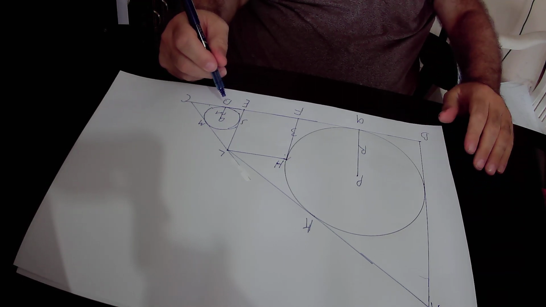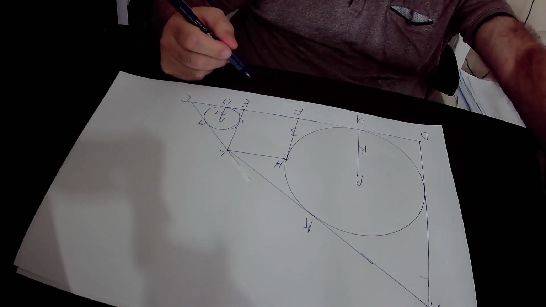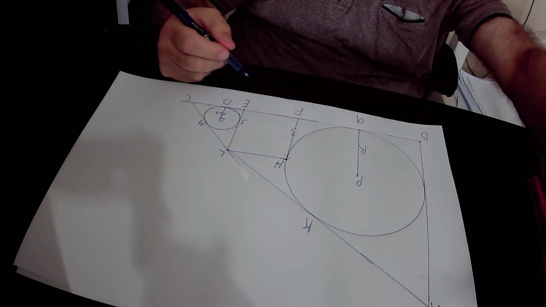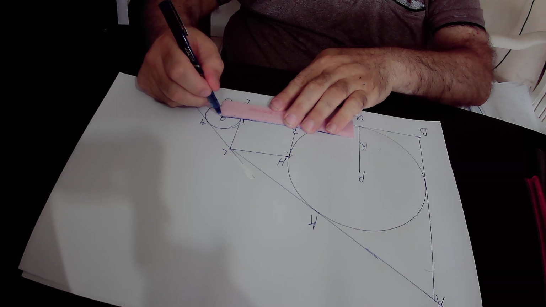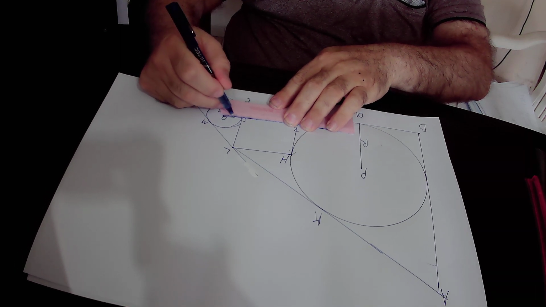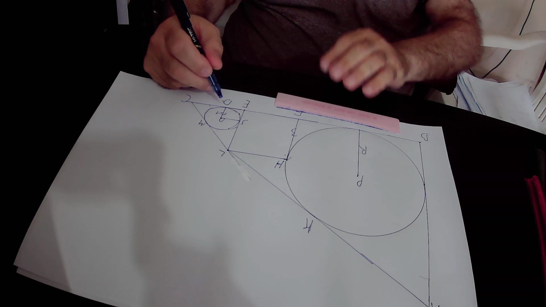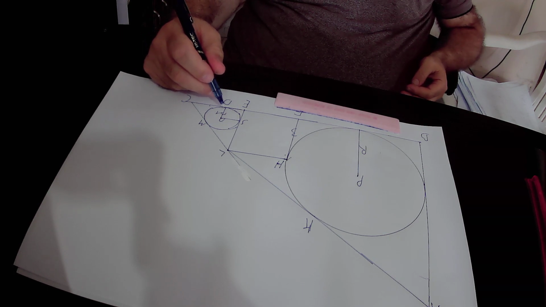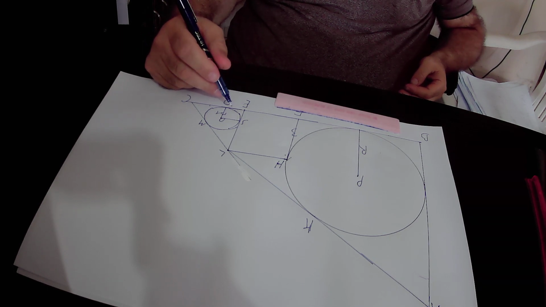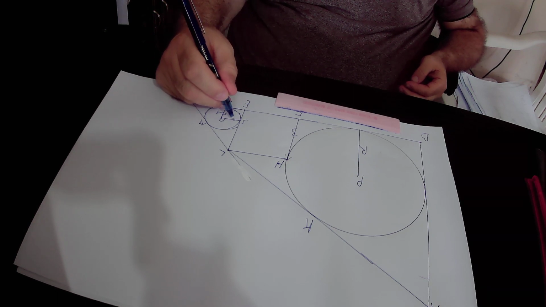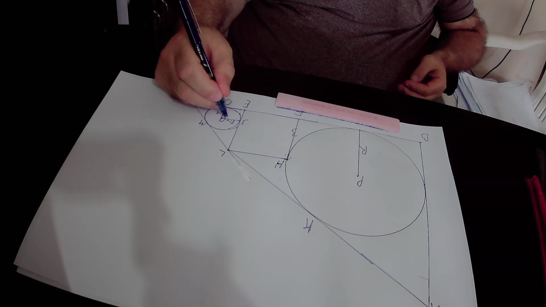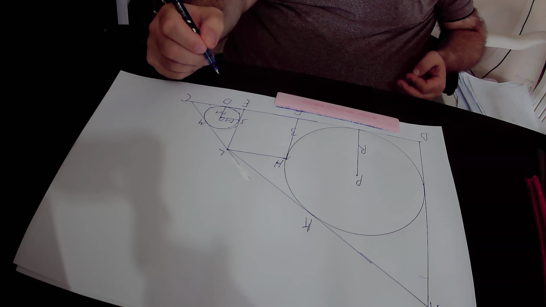So we join points O and S together by a straight line. So here point O is the center of the small circle, point S is the point of the circle itself, therefore OS is the radius of the small circle that is equal to 1. Okay.